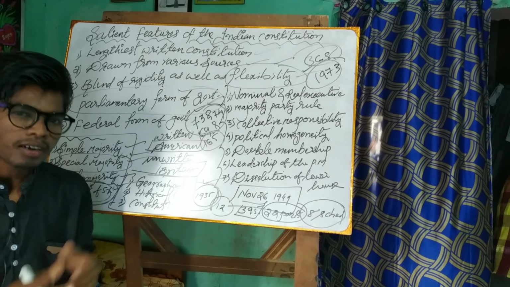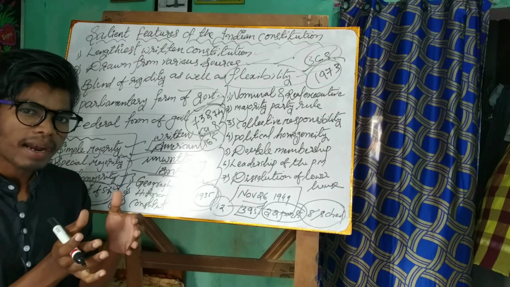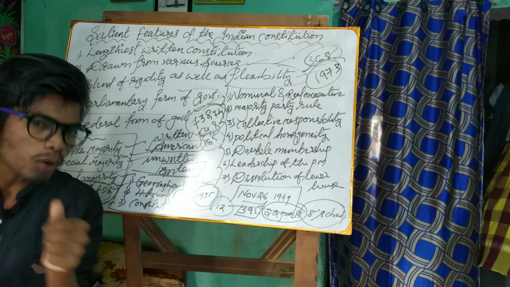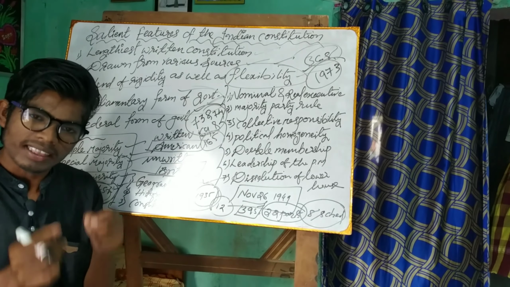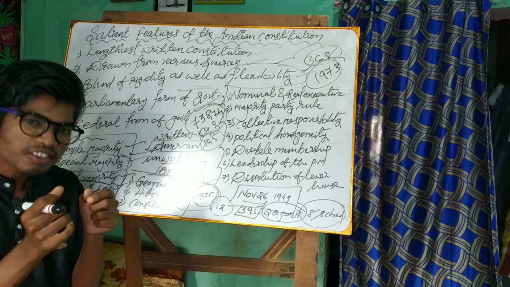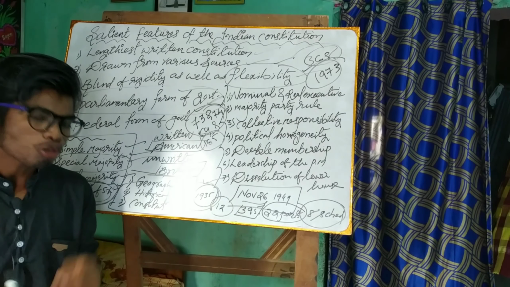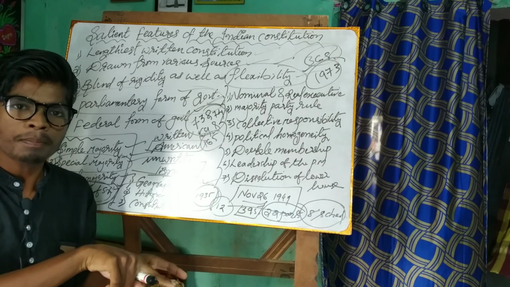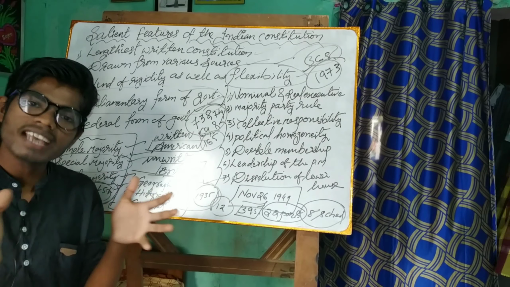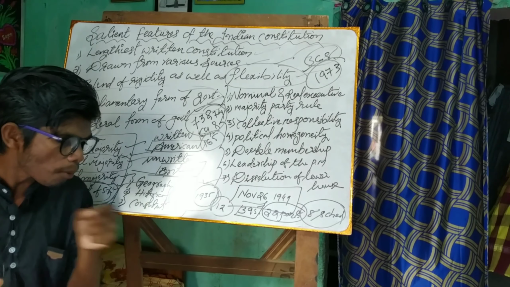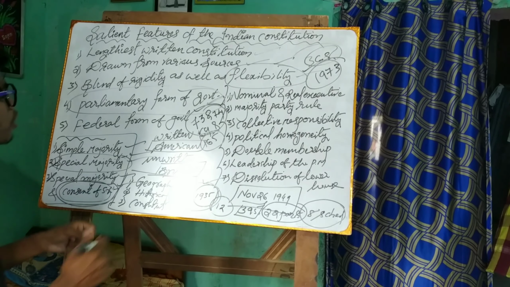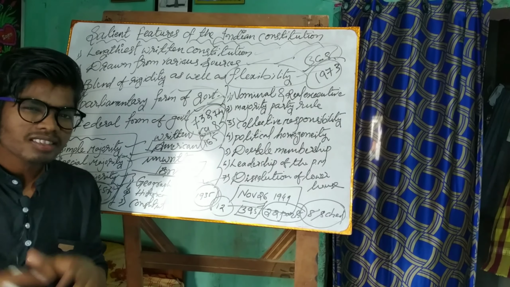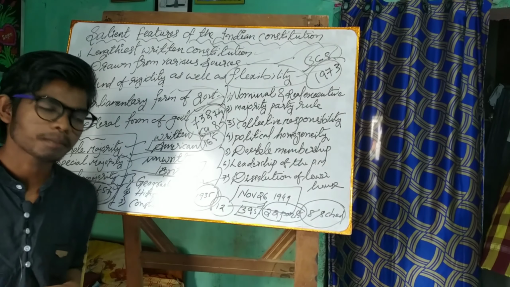Basically, the modern democratic government has been classified into two categories on the basis of the nature of relations between the legislative as well as the executive organs of the government. So on the basis of the nature of relation between the legislature and the executive organ of the government, the democratic government has been classified into two types, the parliamentary system of the government and the presidential system of the government.